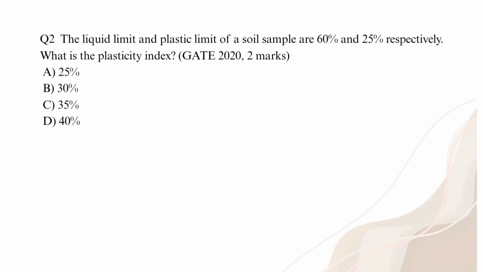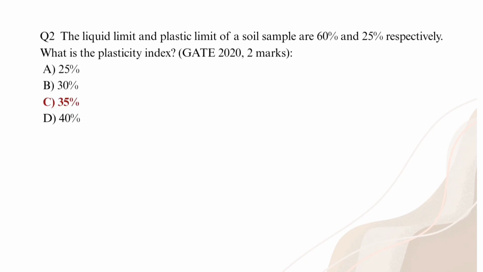Before giving the correct answer, I'll give the explanation. Plasticity index is always liquid limit minus plastic limit. The liquid limit is 60% and plastic limit is 25%, so 60 minus 25 is equal to 35%. So plasticity index is 35%, and option C is the correct answer.